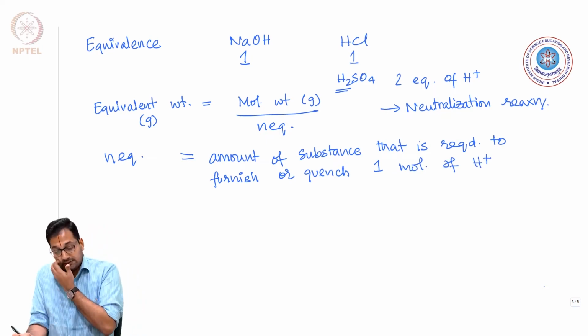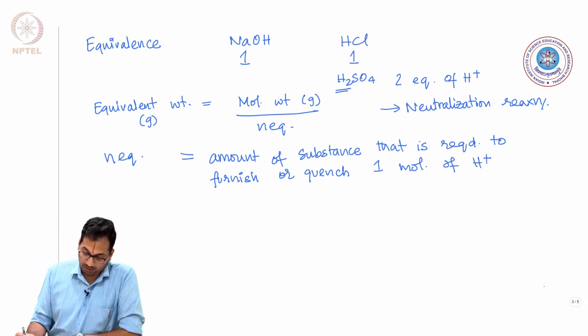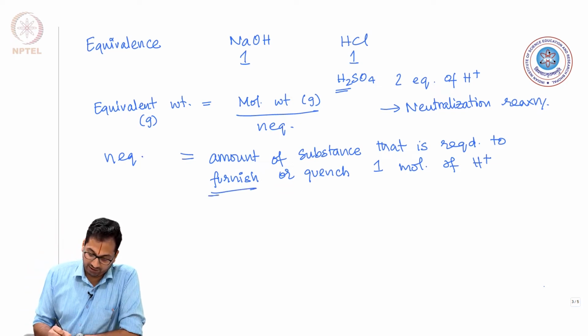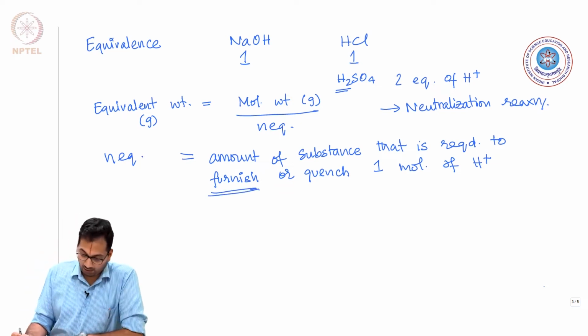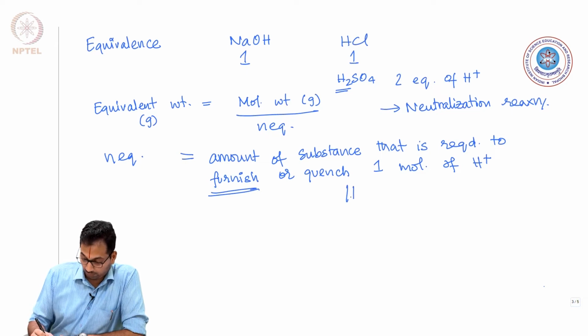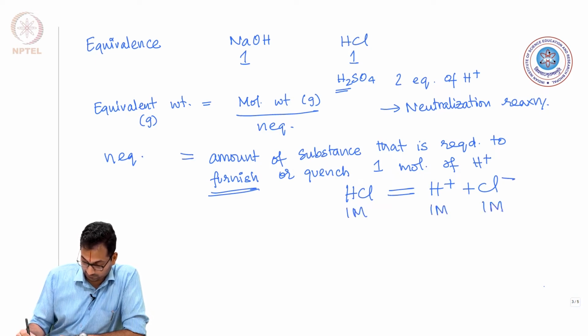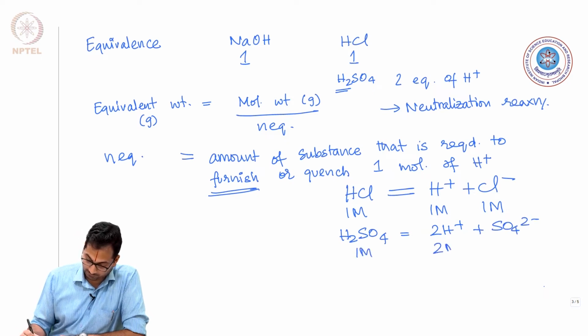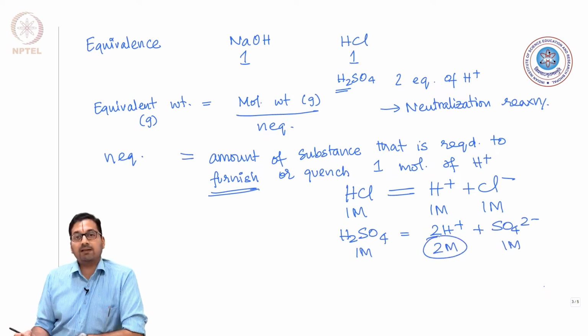So what we mean by this is that, in case of H2SO4, it can furnish 2 moles of H plus. On the other hand, when you are looking at HCl, a 1 molar solution of HCl ends up providing 1 mole of H plus ions. So this is where the equivalence comes from.